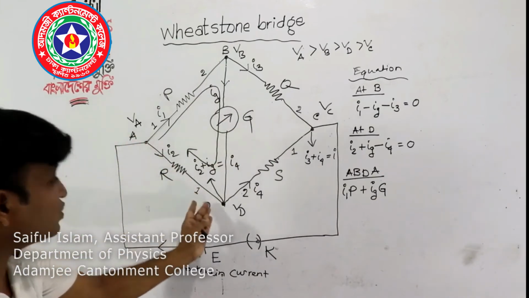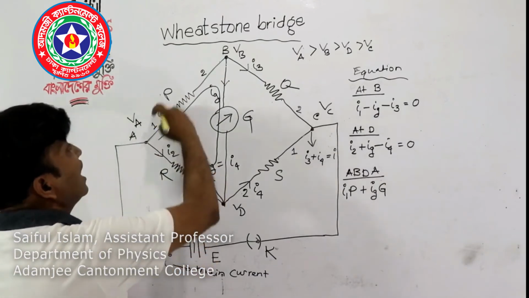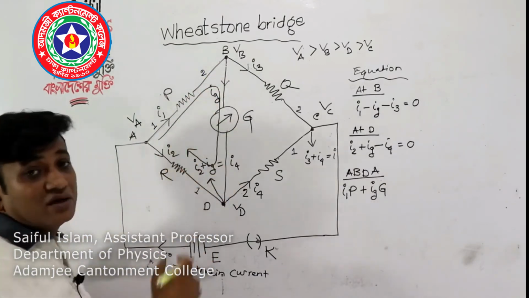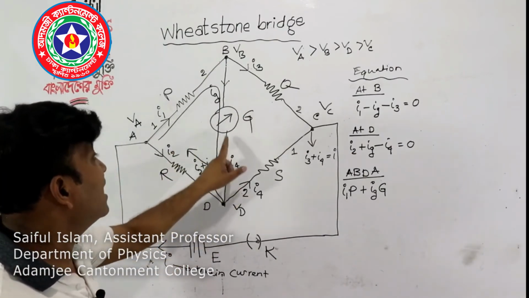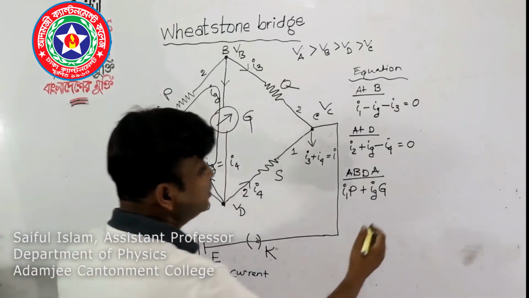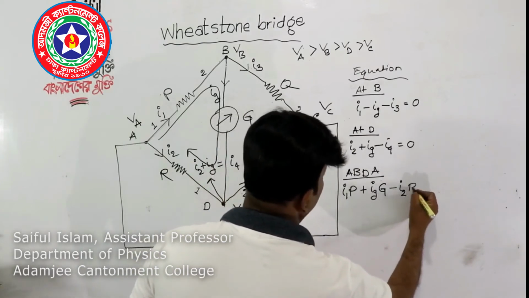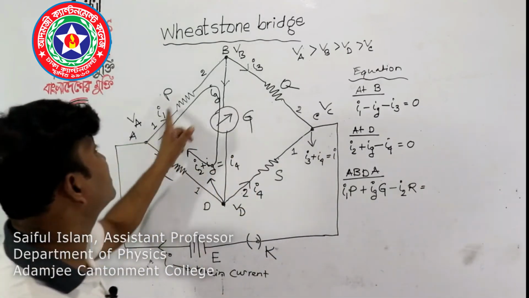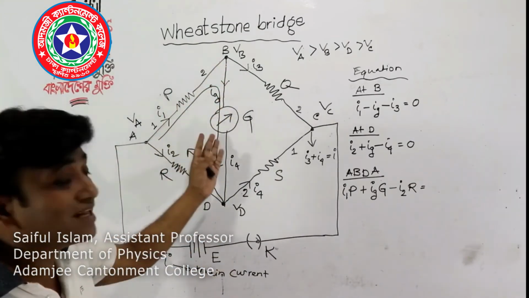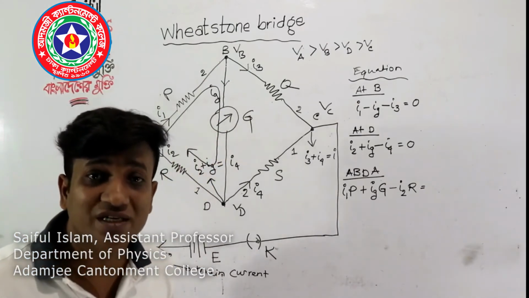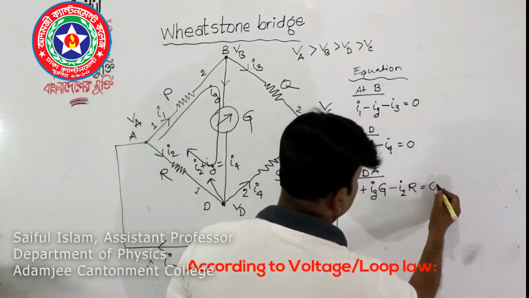But here the I2 current is anti-clockwise, though I1 and Ig are flowing clockwise. So the direction of I2 is opposite to I1 and Ig. That's why we have to use a minus sign. So it will be minus I2R equals to, in this closed circuit there is no battery, no cell, no electromotive force, so the value of E is 0.